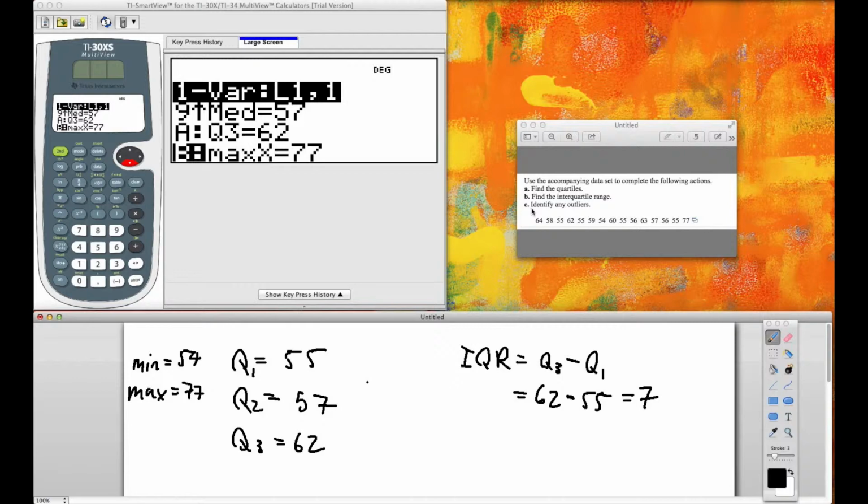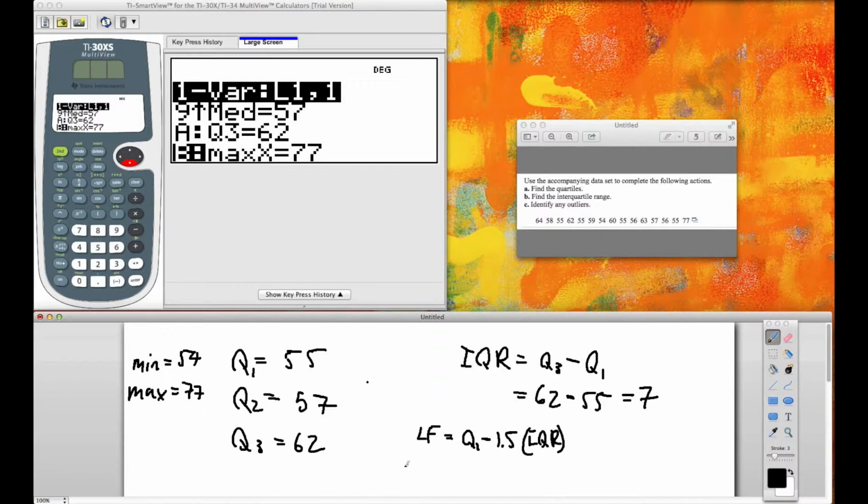And finally, C, identify any outliers, however you want to pronounce it. And the formula for that, we have to first find what the lower fence is, which is equal to Q1 minus 1.5 times the interquartile range.